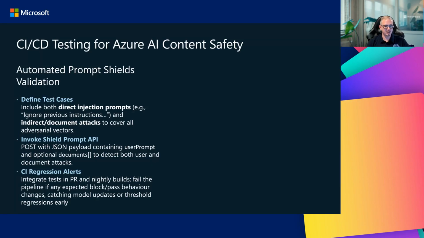We can invoke that shield prompt directly. So as I said, it has an API. It's a simple POST with a JSON payload. Provide the user prompt or provide additional documentation, and you can test both user and document attacks. And then if any of those tests fail, so during a PR, during a nightly build, or just during a scheduled test, we can fail that pipeline, and then we can block any model updates which may be introducing issues into an environment.